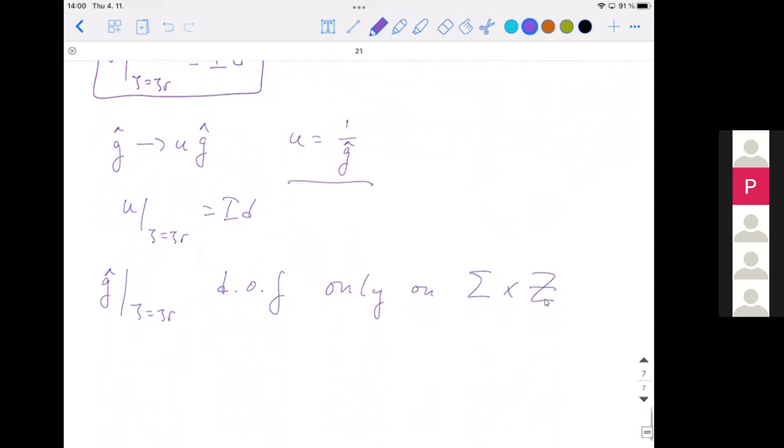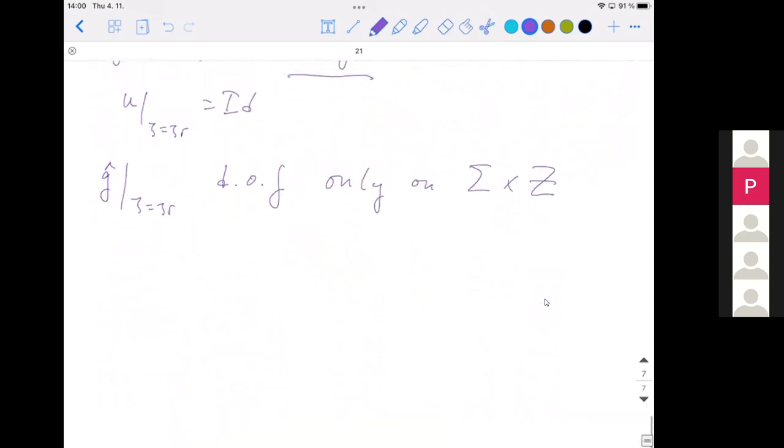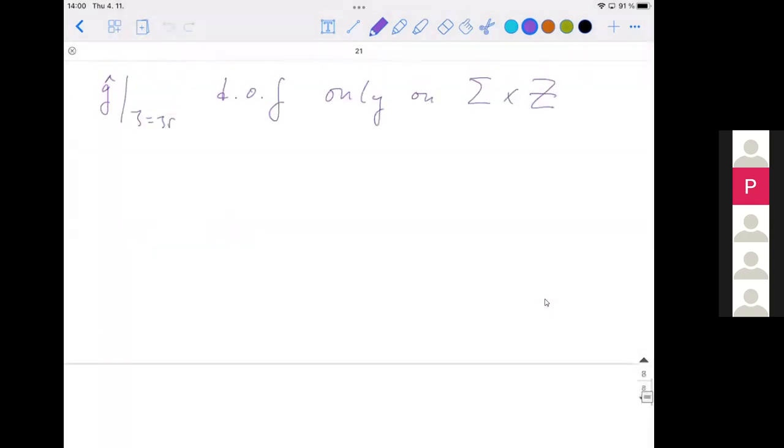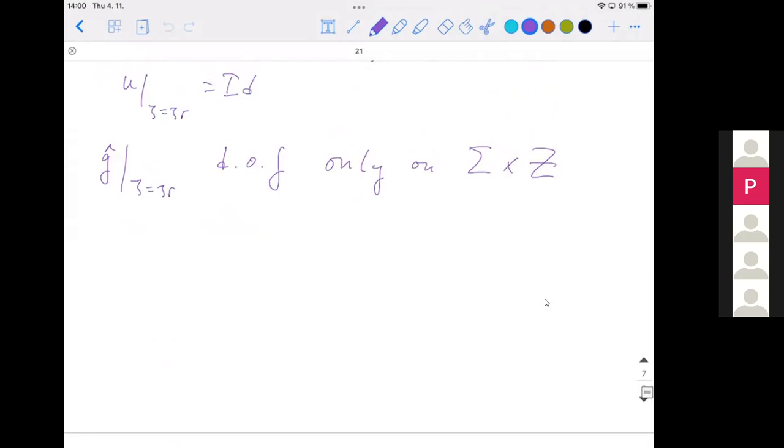So if it's constant, then yeah, it's on the boundaries. So this is the general setup. Now we can maybe go to the examples.